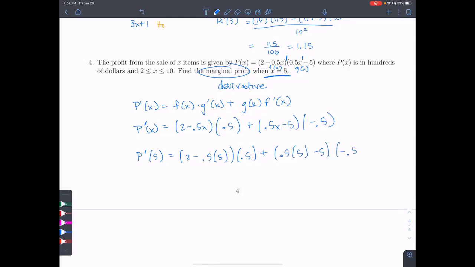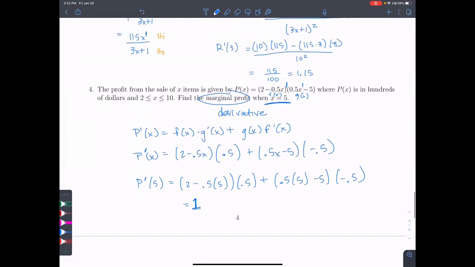This is a lot of 5s. 2 minus, I'm going to go with what I wrote down is that this is 1. 5 times 5 is 0.25. 2 minus 1.75 times 0.5. Okay, I think that's good.